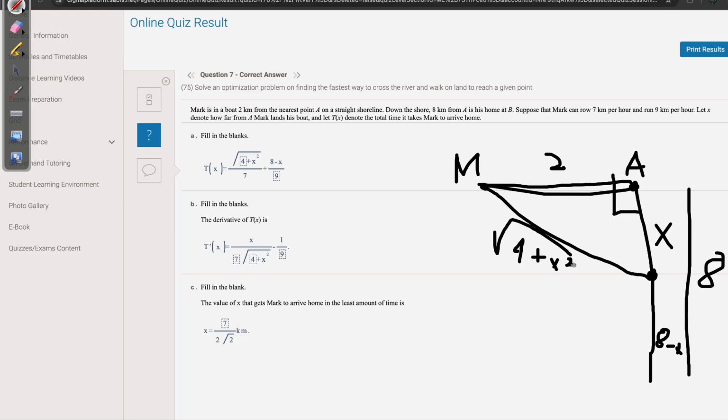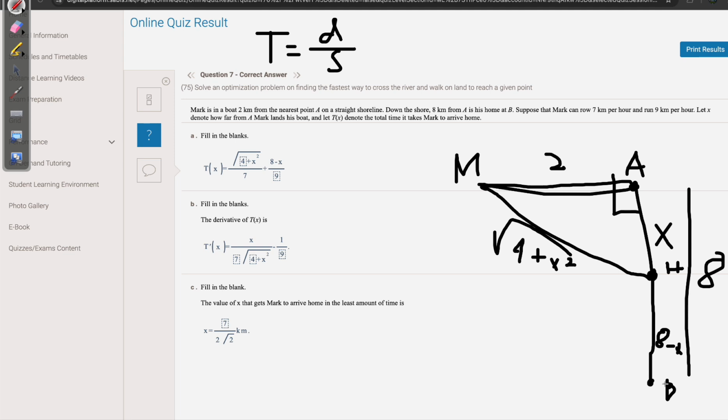Okay. But now they want the time. Time t is equal to distance over speed. So the time will be from M to, let's say, H. M to H. And then from H to B, which is where his home is.